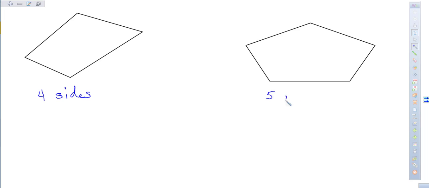If we remember, we talked about different polygons, and we said that if it has 5 sides, it's a pentagon. 5 sides, pentagon. And if it has 4 sides, we call it a quadrilateral, using that prefix of quad, meaning 4.